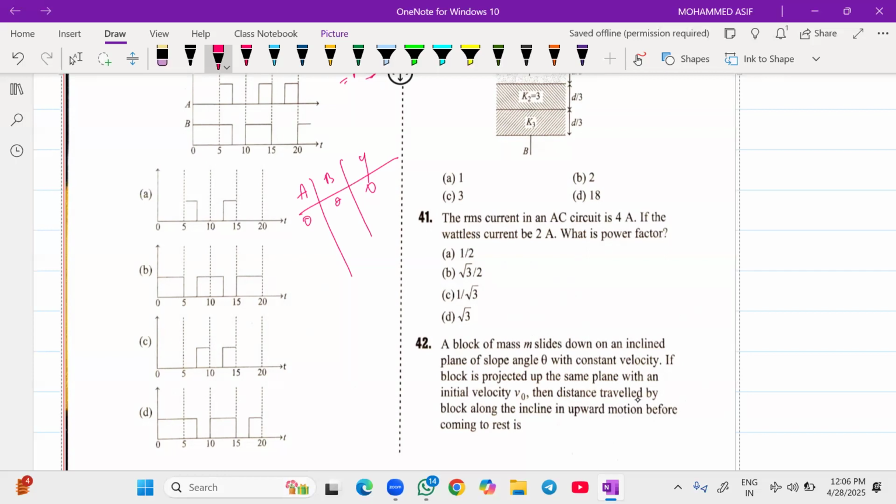Then 0, 1 gives 1, 1, 0 gives 1, and 1, 1 will be equal to 1. The last output should be 1.